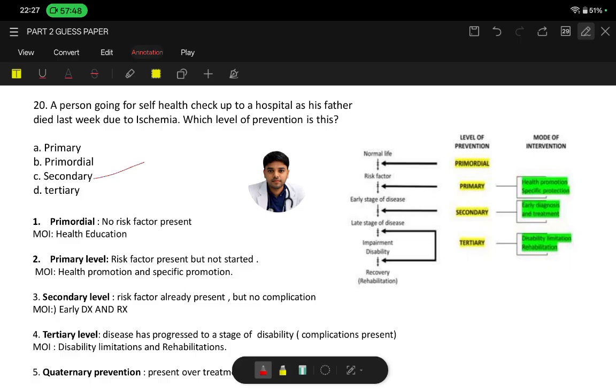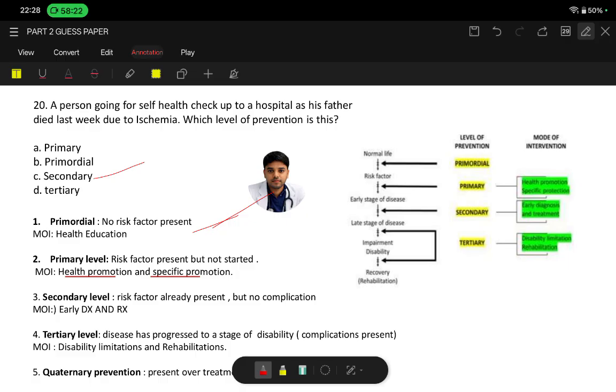If there is primordial, it means there is no risk present. Example, health education, like health tips you give to your children, not to smoke. Got it? No risk present, it is primordial. If a risk factor is present but disease has not started, you have to do health promotion and specific protection. Example, you wear mosquito nets.